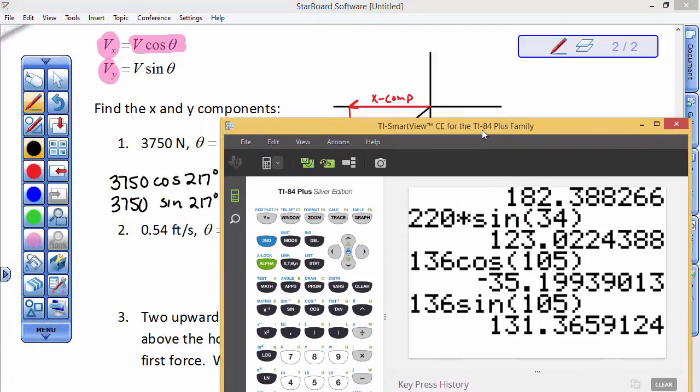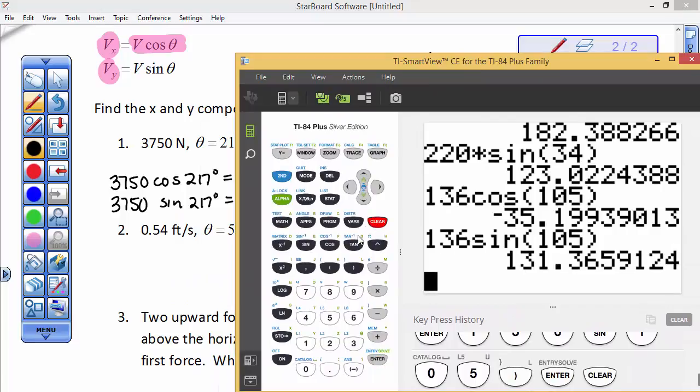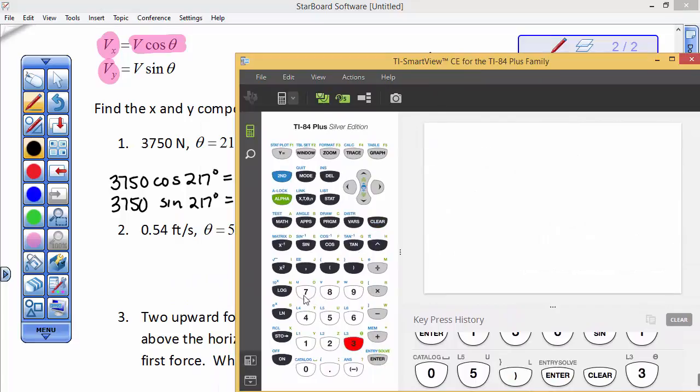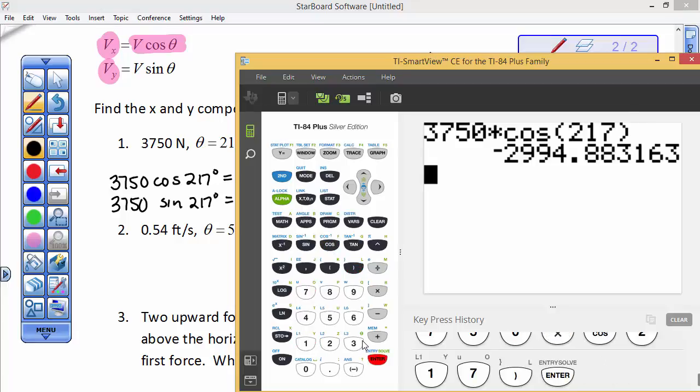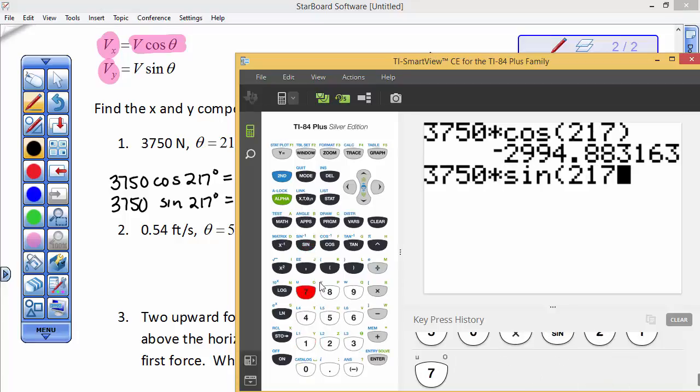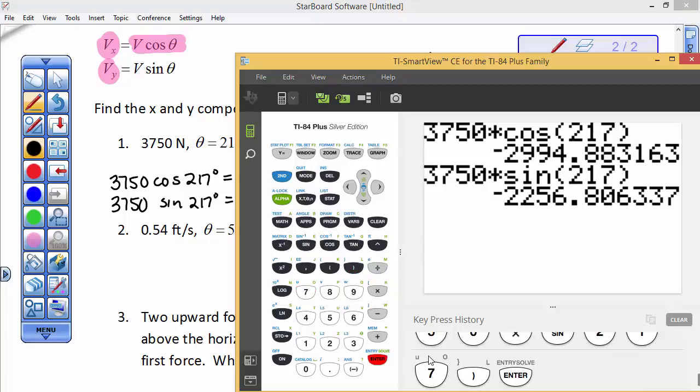So let's go, 3,750 times the cosine of 217 degrees. Again, I said it should be negative. Let's check 3,750 times the sine of 217 degrees. That should be negative because of the picture, but also remember the only trig function that's positive in the third quadrant is tangent.